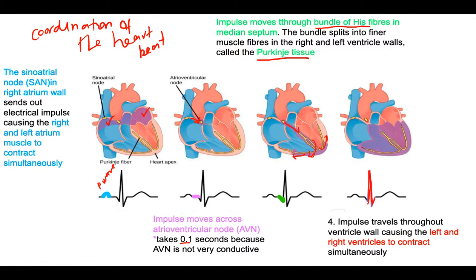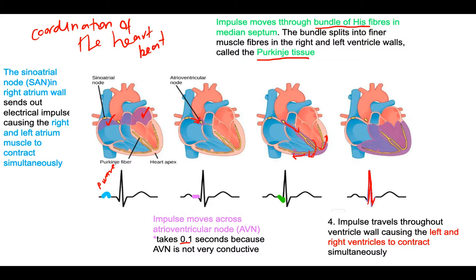Now, the heart is special because it's myogenic, and that means it can generate its own electrical impulses or action potentials without stimulus from the central nervous system. So the sinoatrial node sends out an electrical impulse, and that causes our right atrium and our left atrium to contract simultaneously. And we see this on our ECG here as this first bump, also known as a P wave.